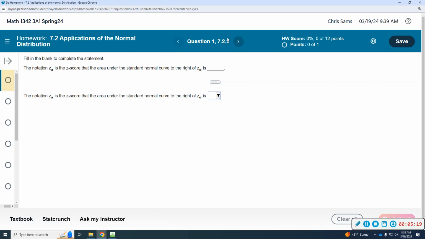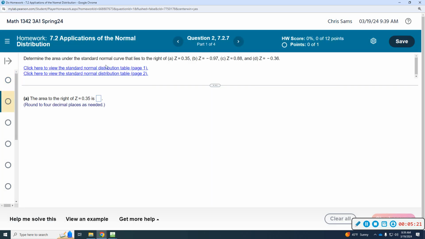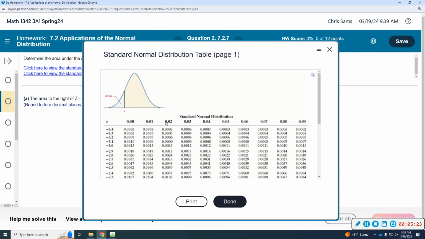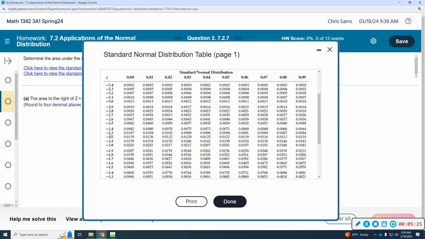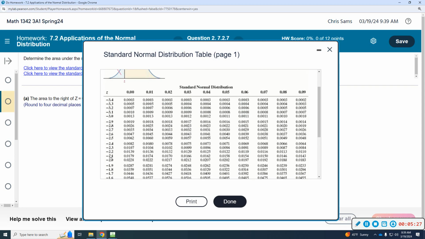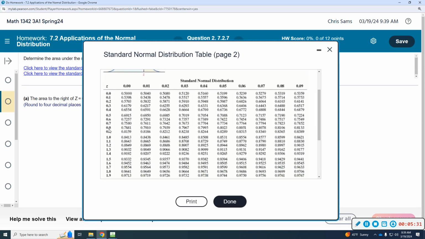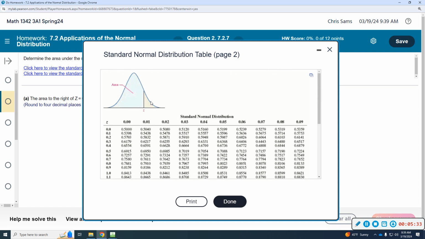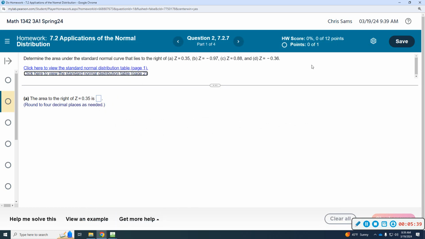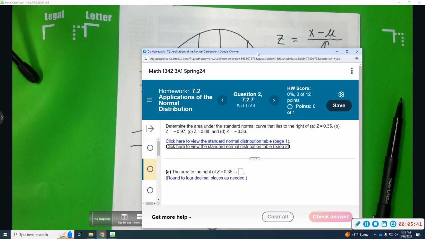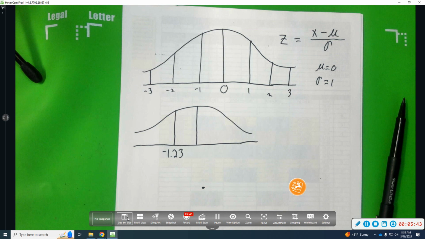Let me just pull it up within the My Math Lab. So there's two tables. There's a negative side. You can see these are all negative numbers. And then there's a table 2, which goes over the positive side. And so the positive side just goes further to the right.